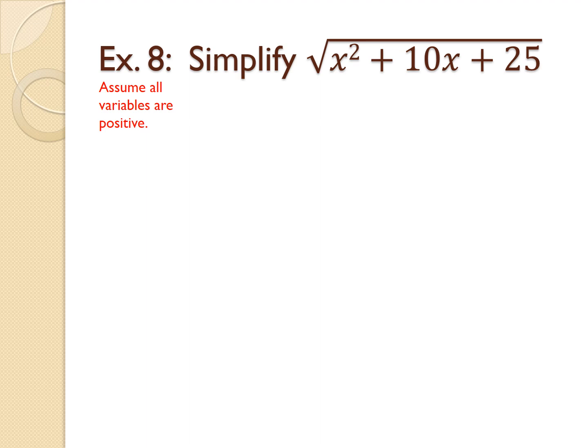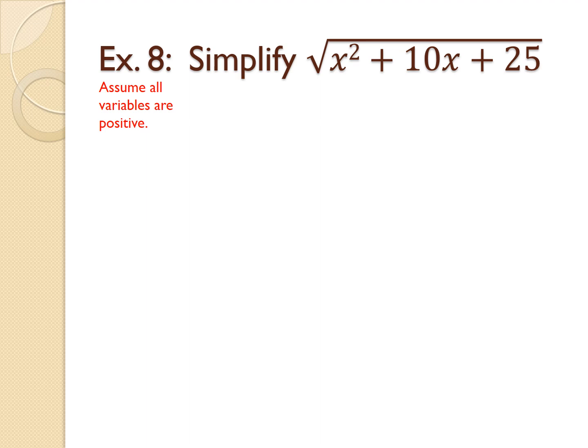Now, you cannot take the square root of the individual terms. It doesn't work that way. Whenever you have a trinomial on the inside, more often than not, if you're taking the square root of a trinomial, it's going to be a perfect square trinomial, meaning it is a binomial times itself.